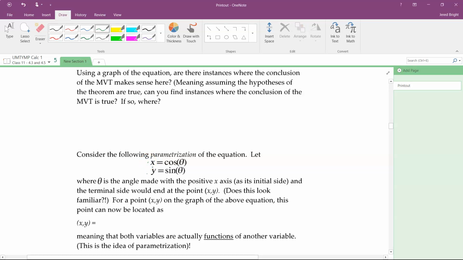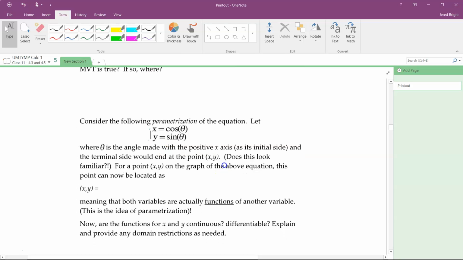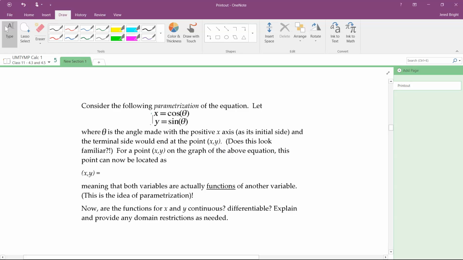In this sense, we're going to represent it using theta, where theta is the counterclockwise angle from the positive x-axis to the terminal side. If you've seen polar equations before, you might remember that x is r cosine theta and y is r sine theta, and the r is just 1 when we're working with the unit circle. So we can represent any coordinate on the unit circle in terms of just theta as cosine theta, sine theta.